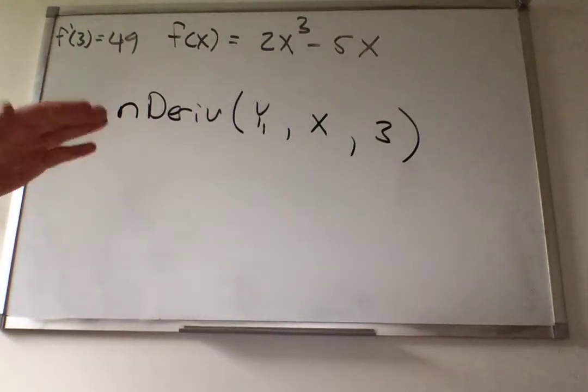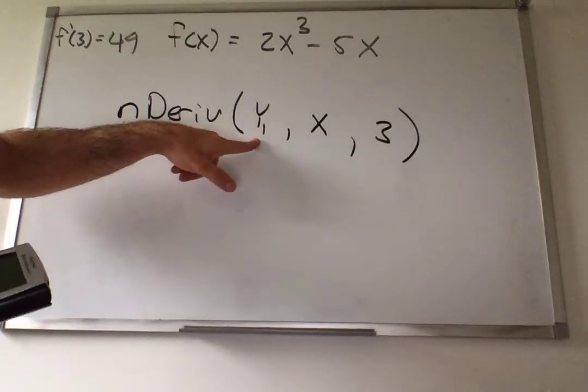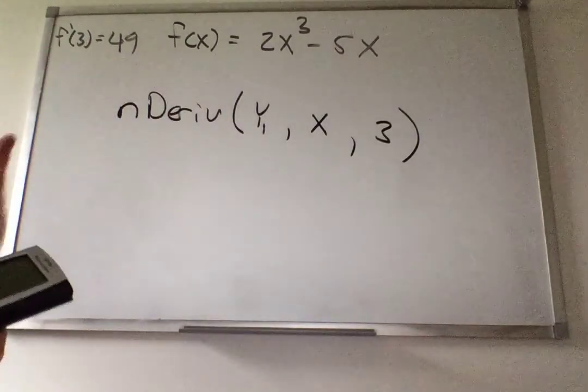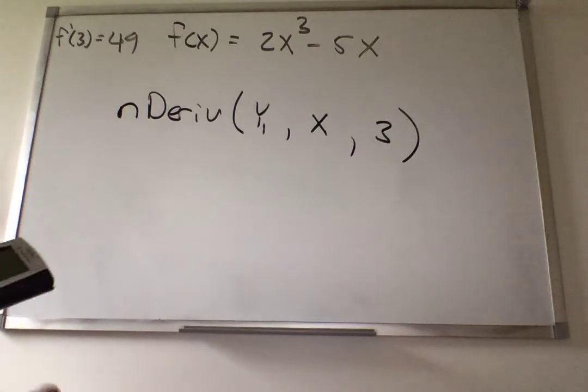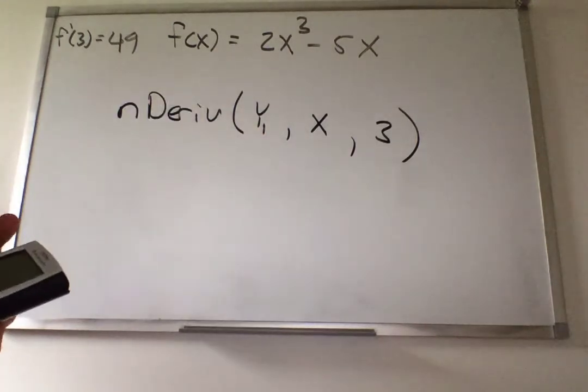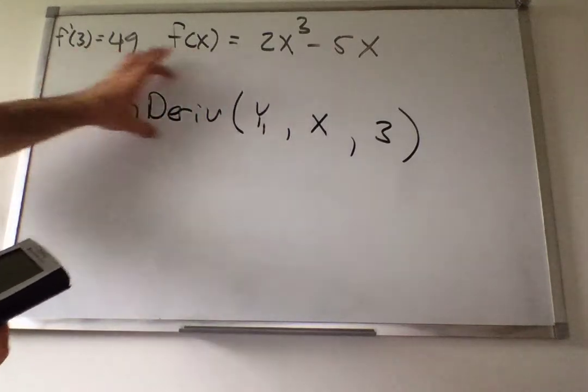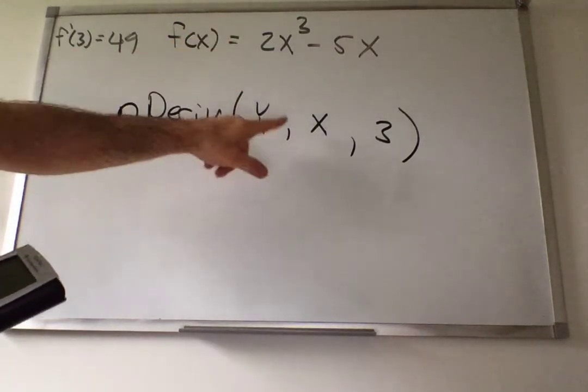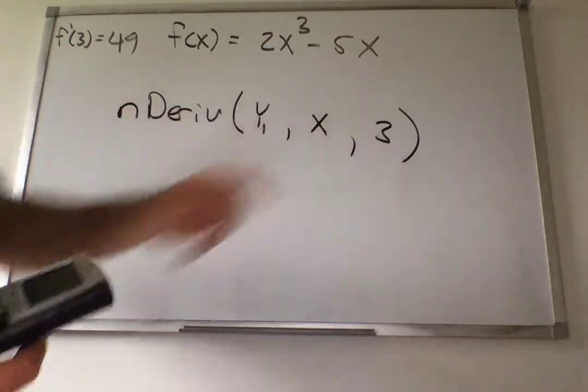Okay, so let me show you again how to get y1, because I know some of you may have skipped ahead and missed the explanation of where I get y1 from. If you have it on your calculator like this, you need to do y1, comma, the variable, comma, 3.